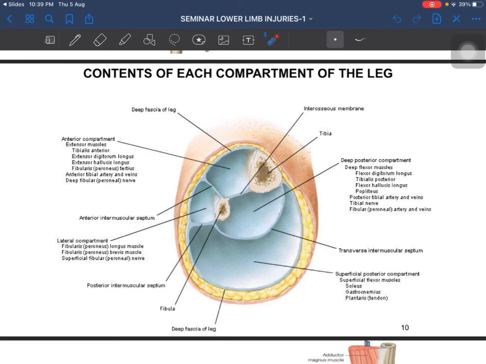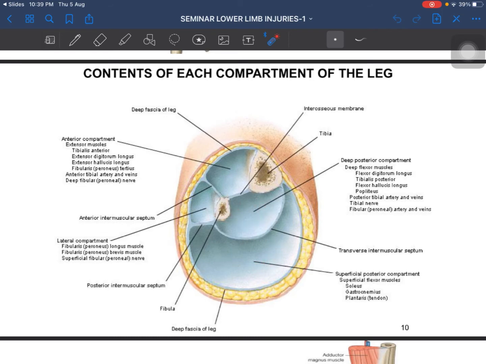Laterally we have the lateral compartment. The lateral compartment has fibularis longus muscle, fibularis brevis muscle, and superficial fibular nerve. The posterior compartment has 2 parts: the superficial posterior compartment and the deep posterior compartment.